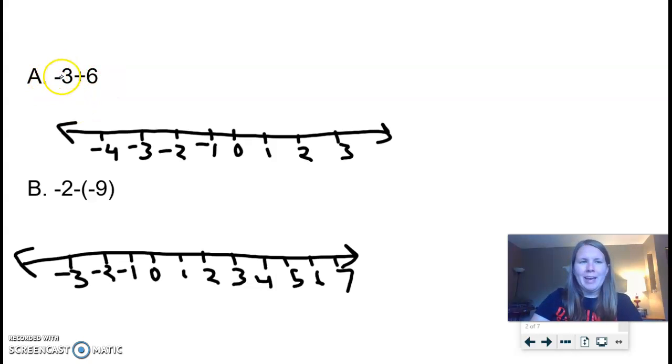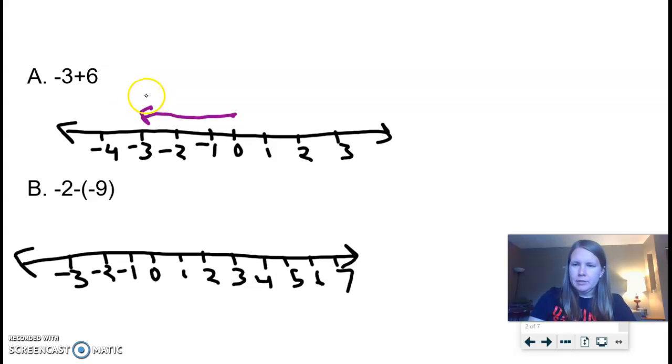For problem A, I have -3 plus 6. If I'm using a number line, I'm going to start my problem at 0, no matter what it is, whether it's addition or subtraction, and I'm going to go to whatever this number is. In this case, -3 is to the left of 0, so we move our arrow this way until we're at -3. From there, I want to add a positive 6.